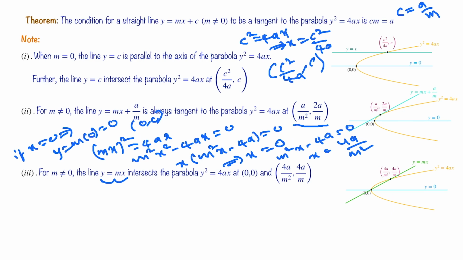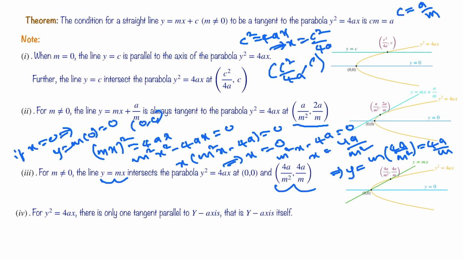If x equal to 4a by m square, then y equal to m times 4a by m square, which is equal to 4a by m. So the other point of intersection is 4a by m square comma 4a by m. So in this case, the line y equal to mx intersects at 2 points. One is at the origin, the other is at 4a by m square, 4a by m. Fine.